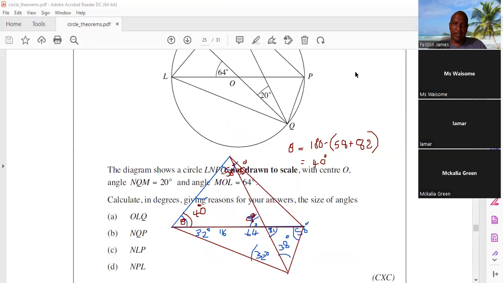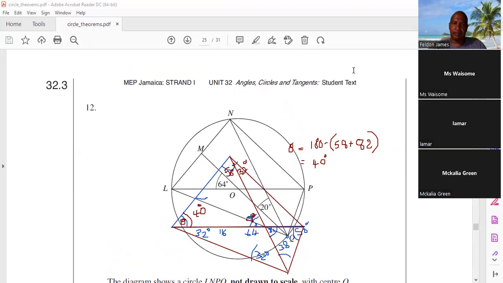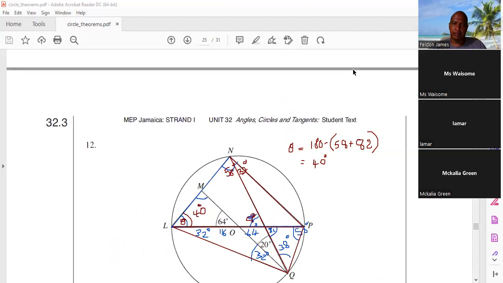So that would have been NLP. So now we have to find NPL. So we want NPL. Let me see if I can move some of these.